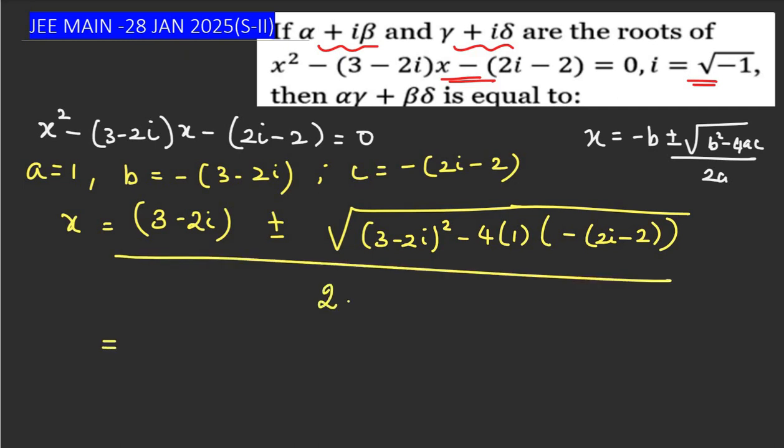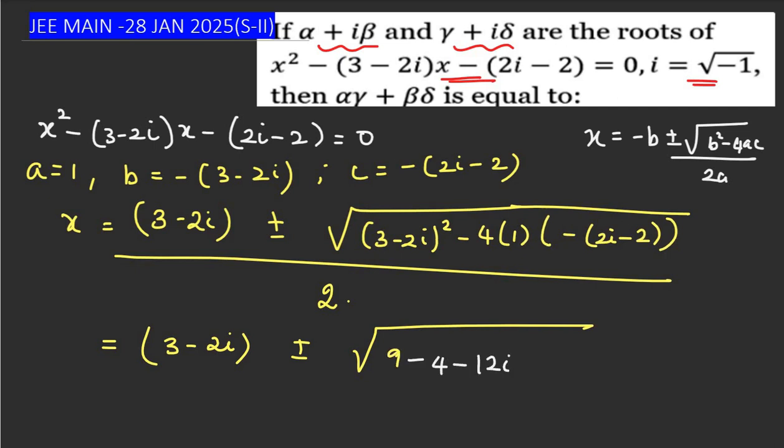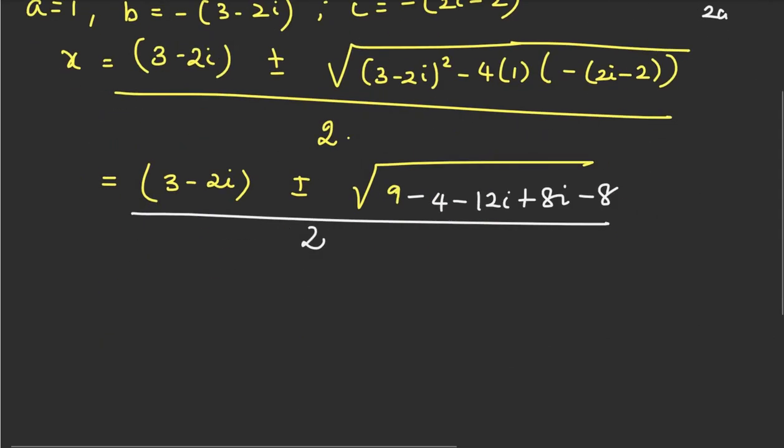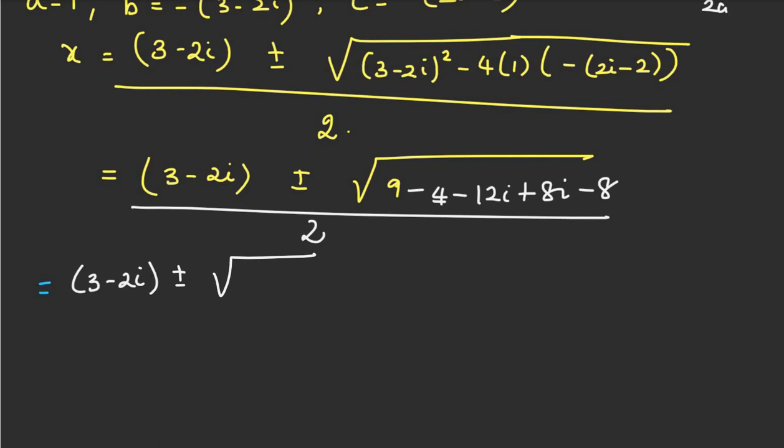Now this gives me 3 minus 2 iota plus or minus root of, expanding this, we get 9 minus 4 minus 12 iota plus 8 iota minus 8, the whole divided by 2. Root of 9 minus 4 minus 8 gives us minus 3 minus 4i divided by 2.